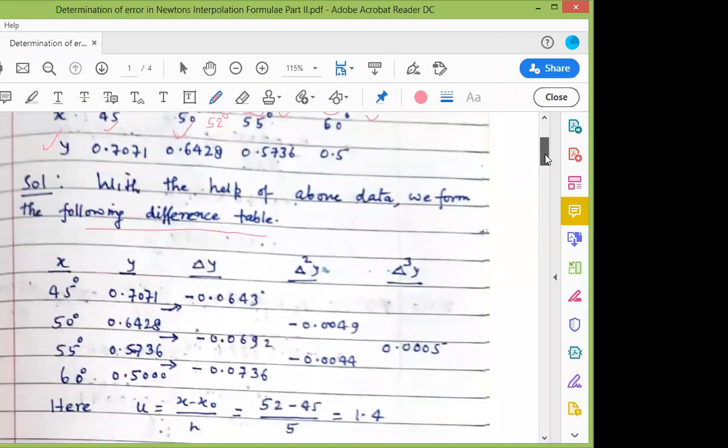With the help of the above data, we form the following difference table, starting from 45 here.